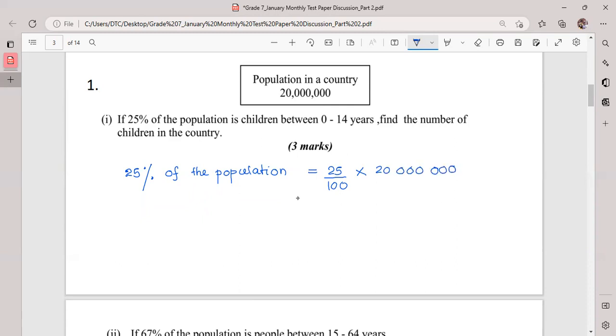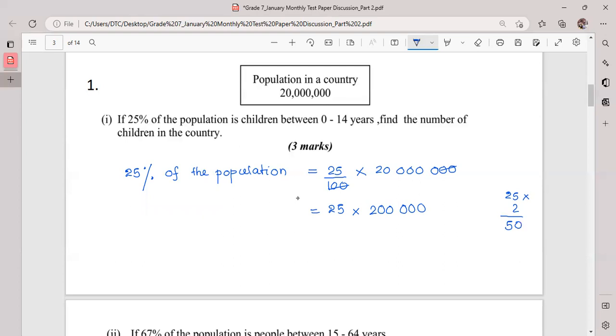Okay, so then you can cancel 2 zeros like this. Then you have 25 multiplied by 200,000. So what will be the answer? 200,000 you multiply by 25. You know that 25 when you multiply by 2, it is 50.